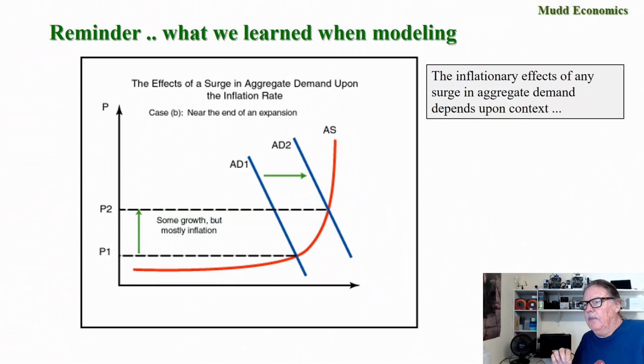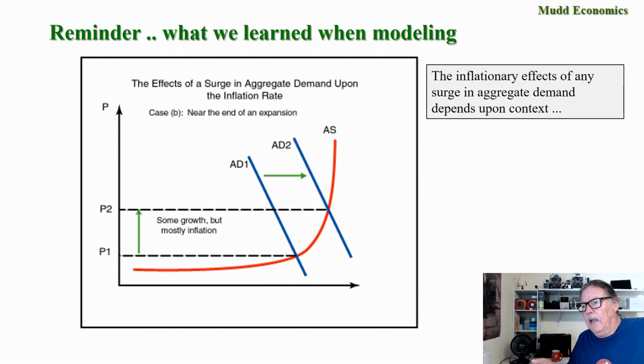The point that the inflationary effects of any surge in aggregate demand depends upon context is clearly represented here, right? If you have the aggregate demand curve at the point where the aggregate supply curve turns sharply upward, which again, remember, we associated with the capacity utilization rate being at about 85%, then a stimulation to aggregate demand can have strong inflationary effects.